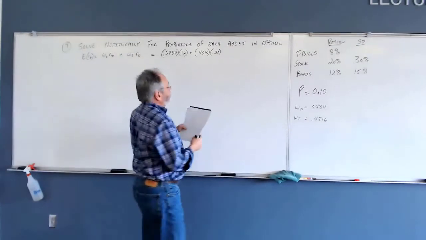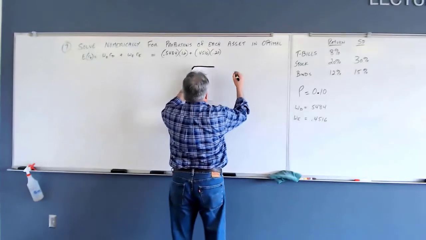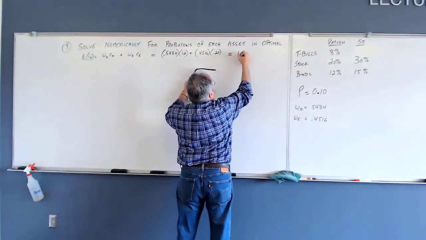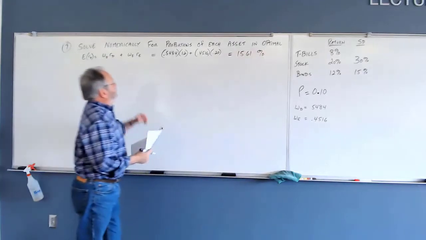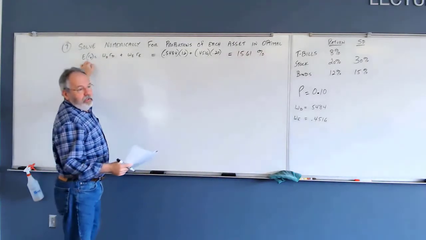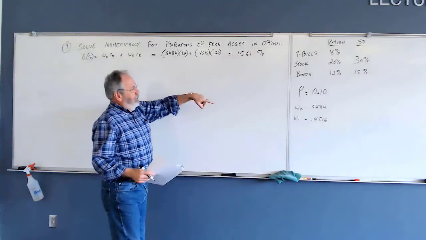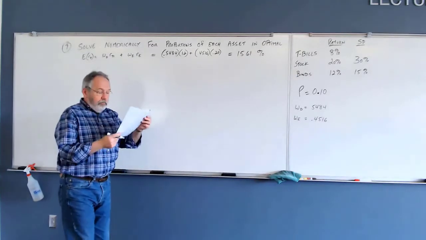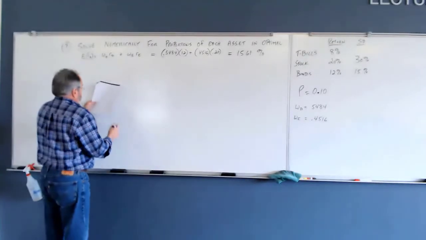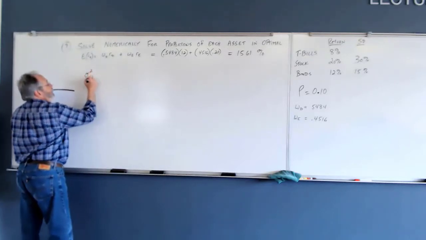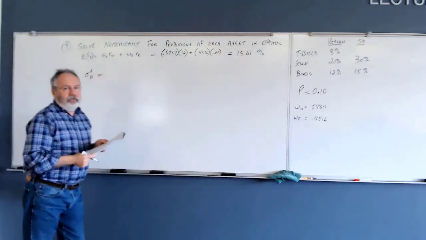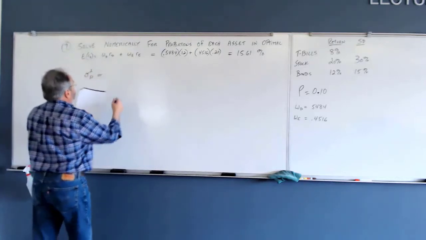So the expected return in your combined portfolio with optimal weights is 15.61%. Sigma squared portfolio. What's the variance of the portfolio?